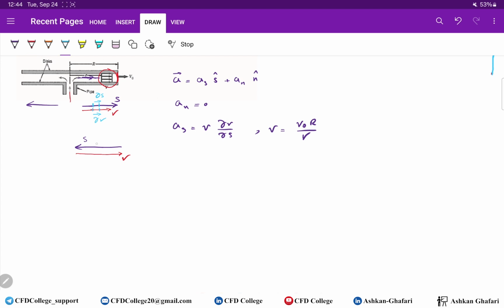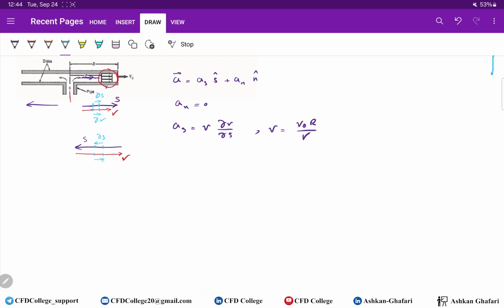In that problem, if I move along the streamline coordinate from this point to this point, which is delta S, it's in the opposite direction on R coordinate.